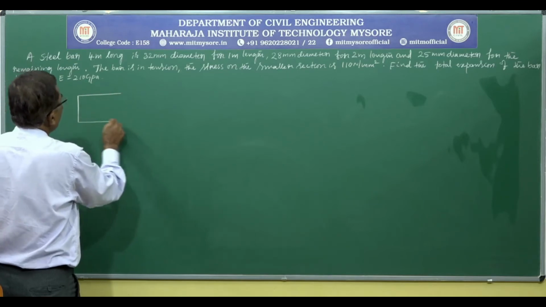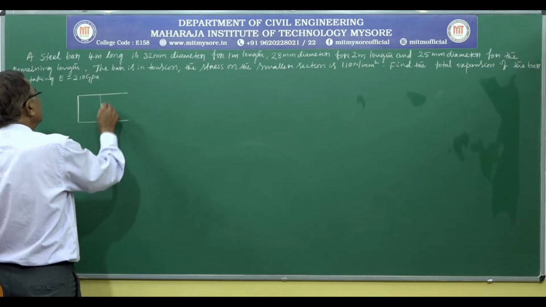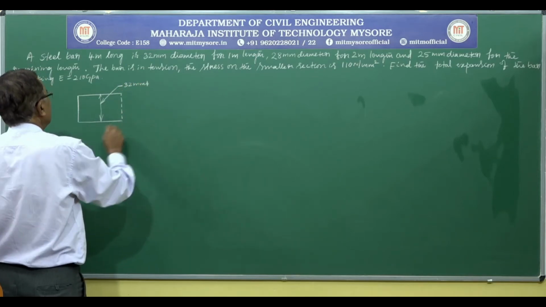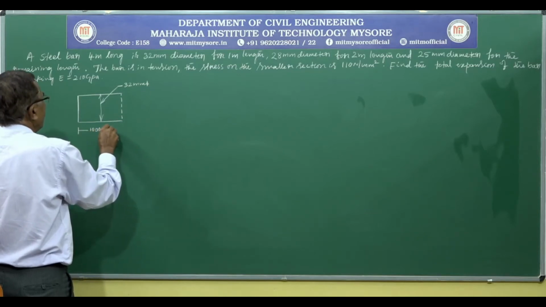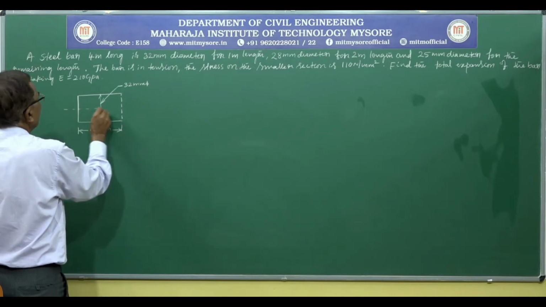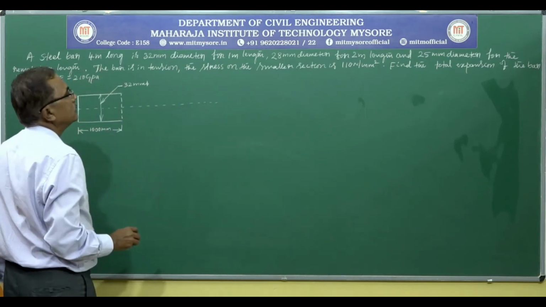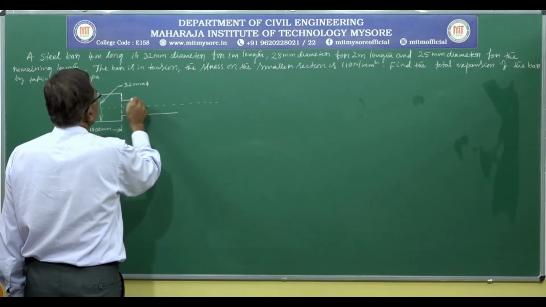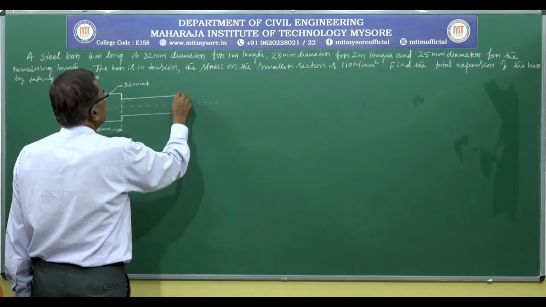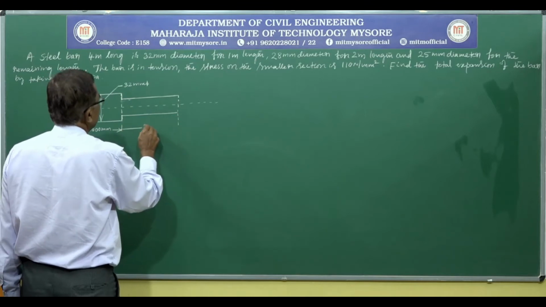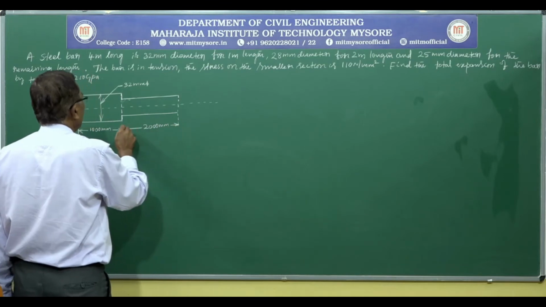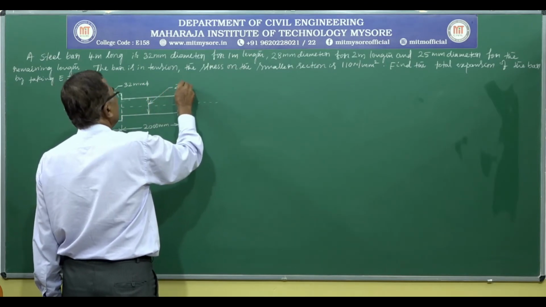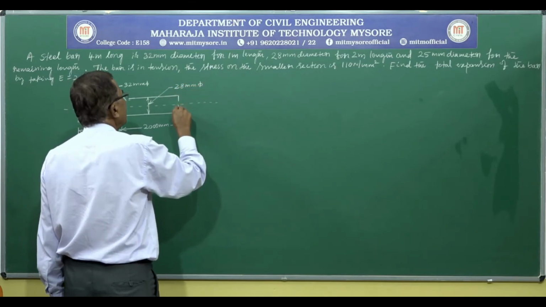A steel bar 32 millimeter in diameter for first 1 meter length, 28 millimeter diameter for 2 meter length, and 25 millimeter in diameter for the remaining length.